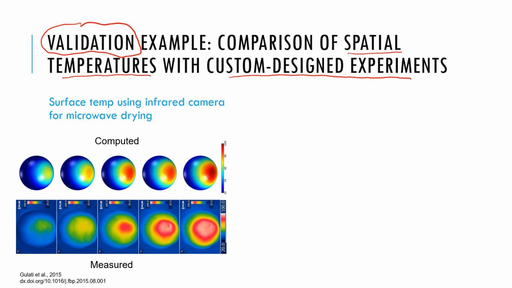So of course this takes significant time and effort, but it still gives us the surface temperature in this case. Now suppose I want internal temperature profile, like spatial information inside, then it is nearly impossible normally. It is a very, very difficult setup.